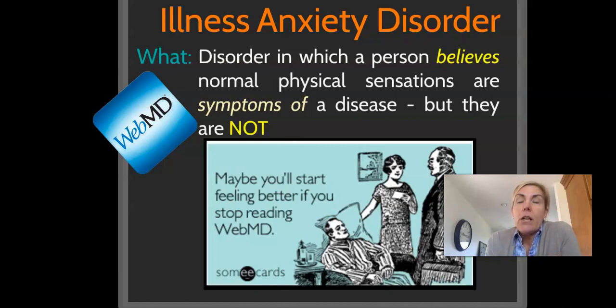Like, if you have a headache, this person might just assume, oh, I have this headache, so I have brain cancer, or I have this stomach ache and it's stomach cancer. Any symptom becomes this big, huge illness. So that's illness anxiety disorder, in which a person interprets normal physical sensations as symptoms of a larger, more chronic disease.